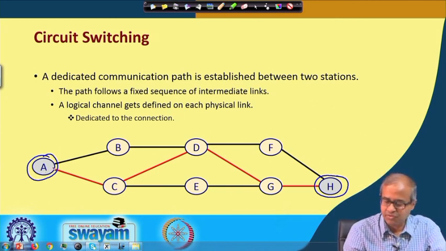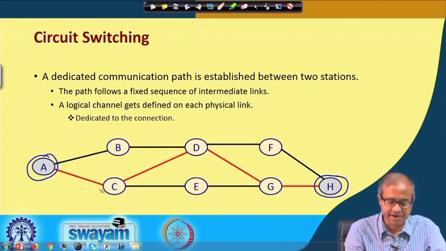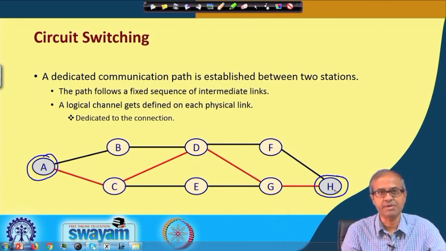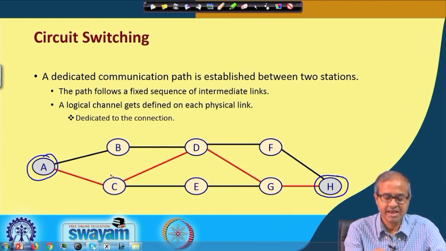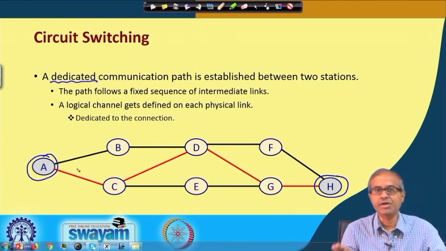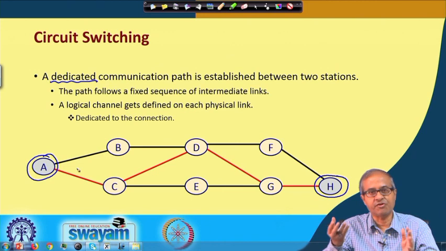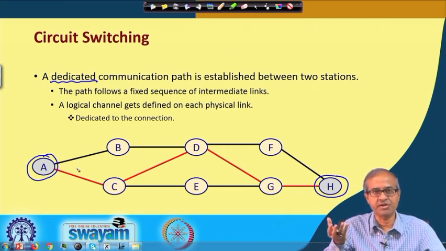Say whenever A wants to communicate with H, some dedicated path, here it is marked in red, you can see via C, D and G possibly. This path will get established, and this path will be dedicated, means during the time of data communication, this dedicated path will be used for sending this information, chunks, bits or whatever you are sending.